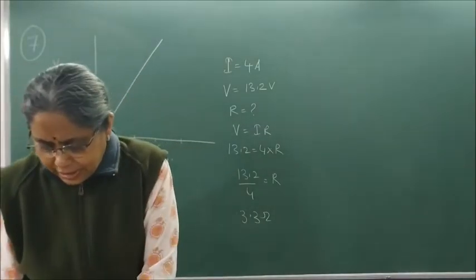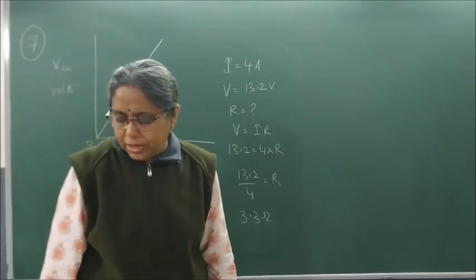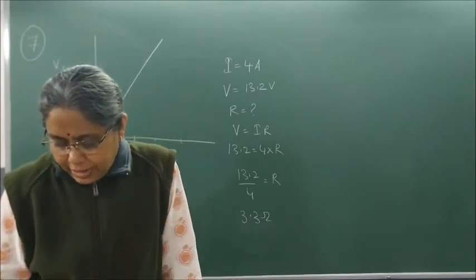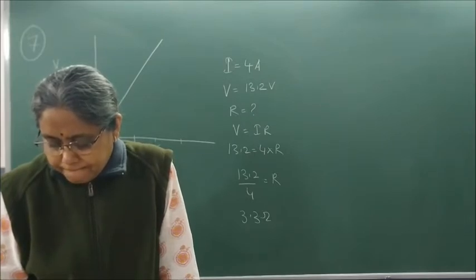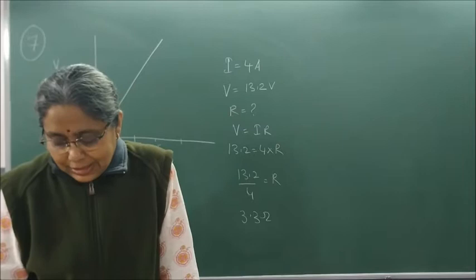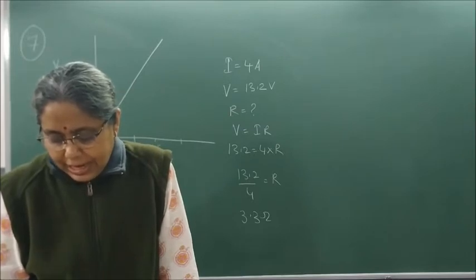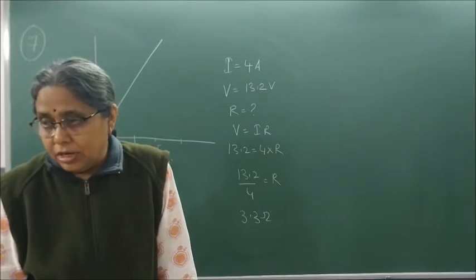You can even take any one of them and try, but if you take 1 and 3.4, your value should come as 3.4. See the second one. If you take I and V, it will come as 3.4 by 1. So it is 3.4.